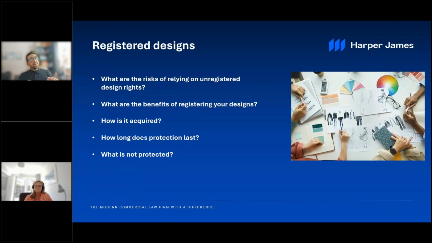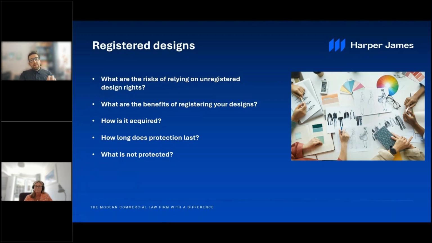That's because designs are about appearance, about what you see. They're not about the way that something works. So having some gubbins hidden away inside it is not going to be covered by the registered design. Also, you can't protect a design that's contrary to public order or morality, but that very rarely comes up. In fact, I've never had a practical example of that.